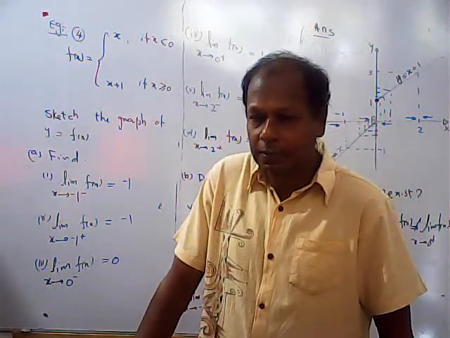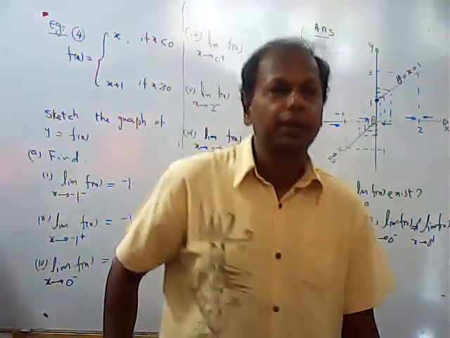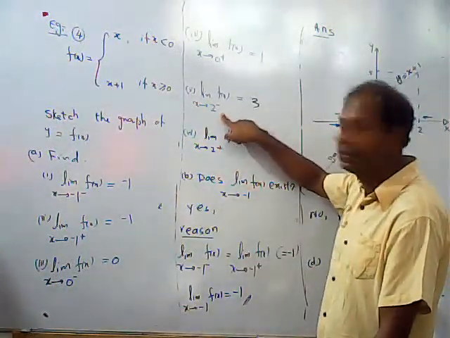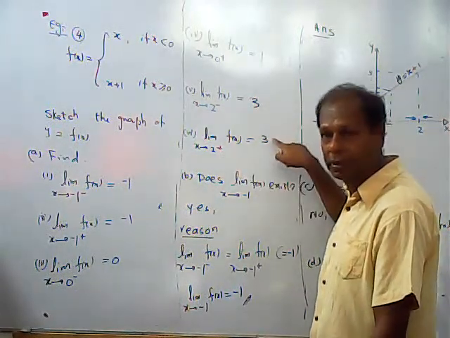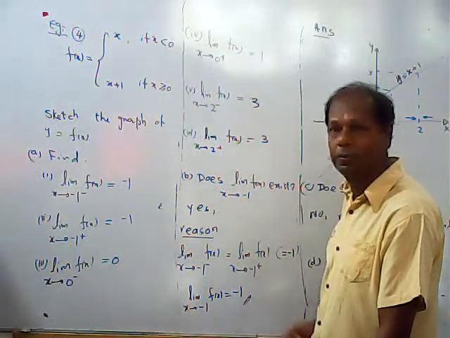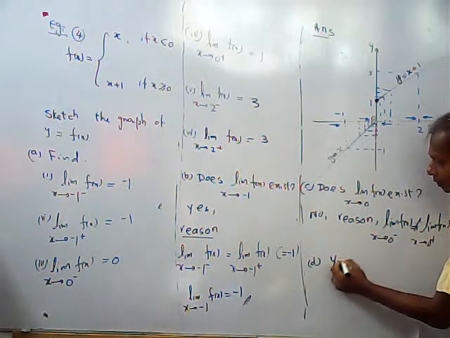Yes. Okay, everybody is saying yes. Agree? It exists. The reason is the left limit is equal to the right limit is equal to 3. So whether you get closer from left or right, it gets closer to 3. Answer is yes.